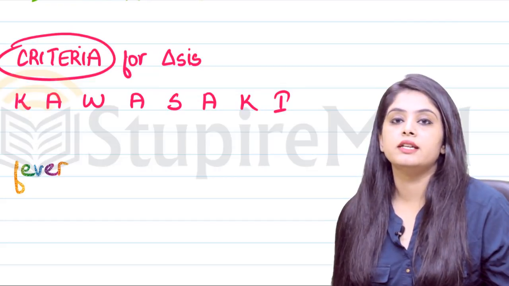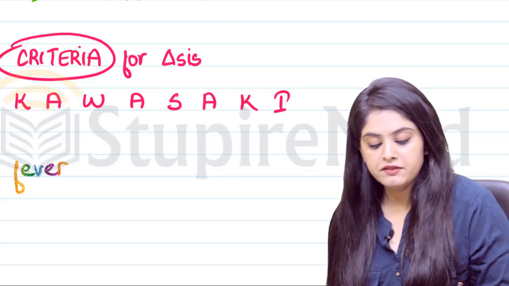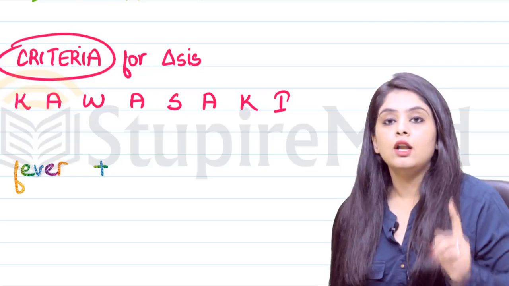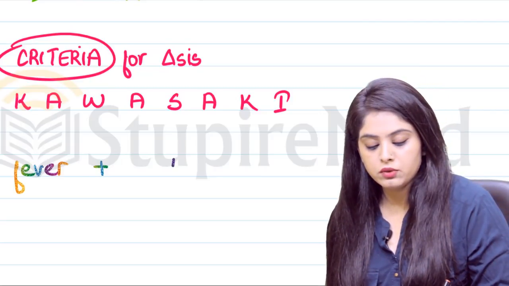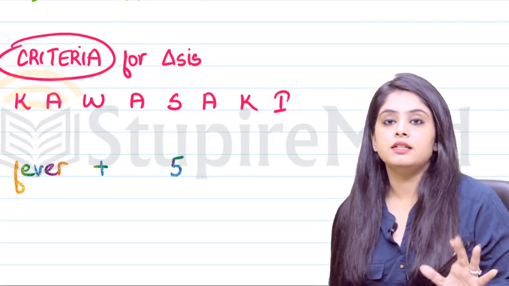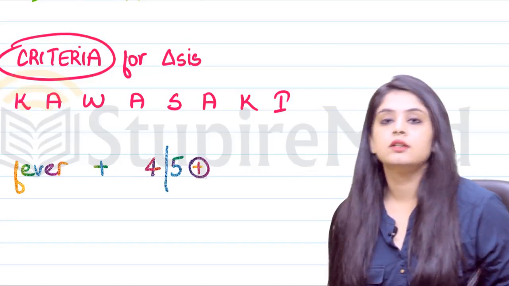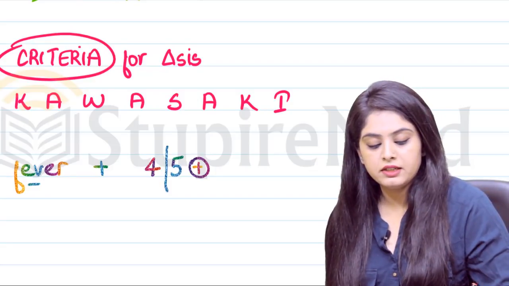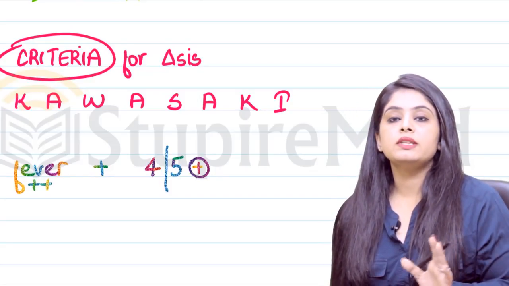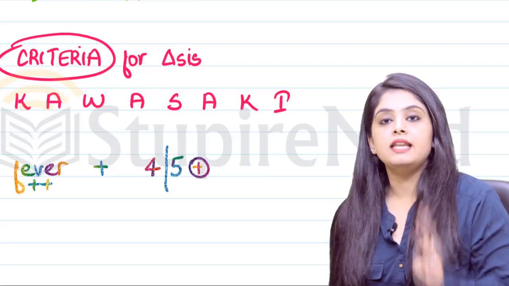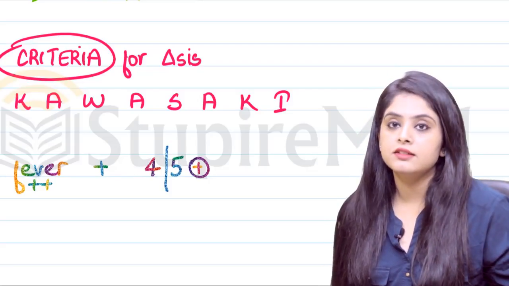So fever has to be present. Along with that, we are going to take 5 criteria, of which any 4 should be present. Out of the 5 criteria, if any 4 are present, we can label it as Kawasaki.